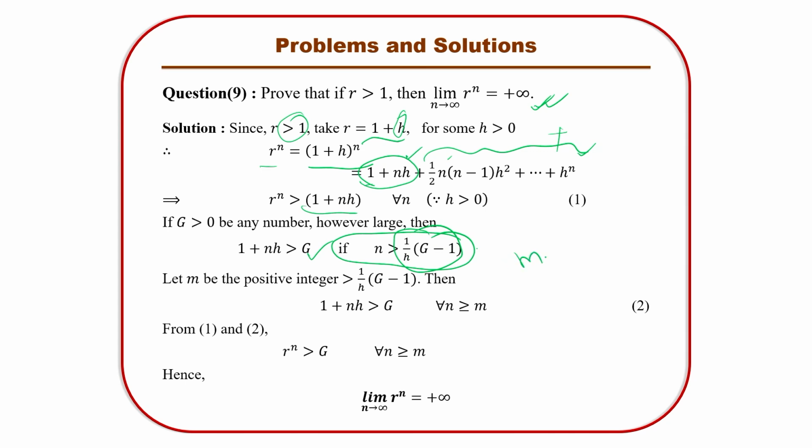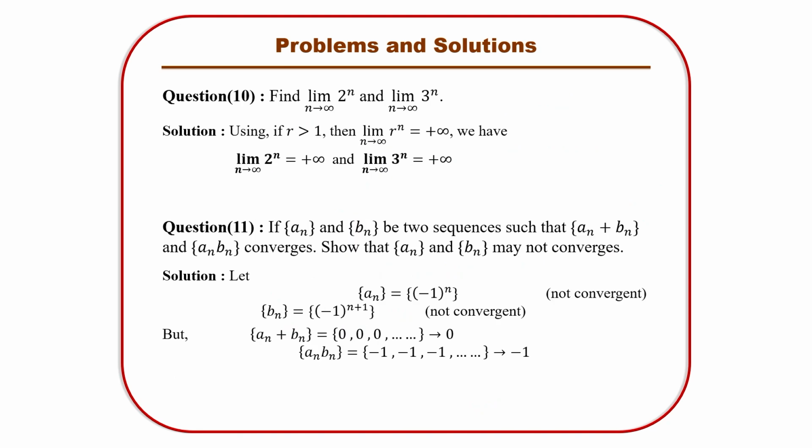So I can choose this natural number m such that this holds. This gives me 1 plus nh greater than capital G, and if that happens, then r to the power n is also greater than capital G. If each term of a sequence is greater than however large a number, then that sequence must diverge to plus infinity. That is what we studied previously.